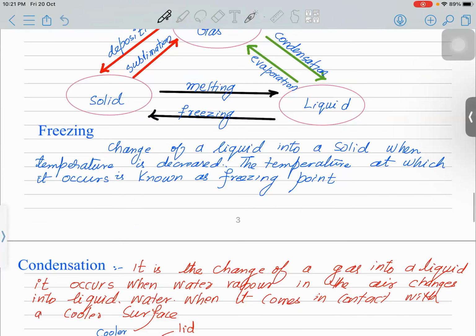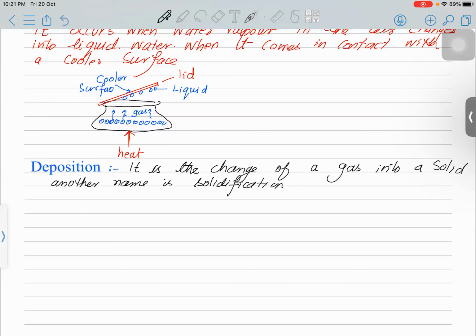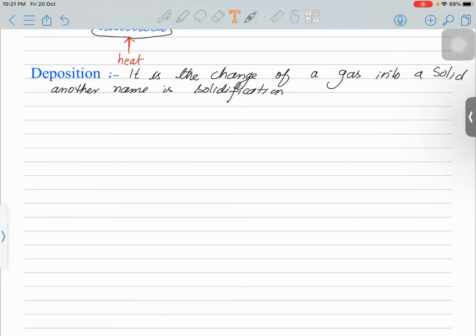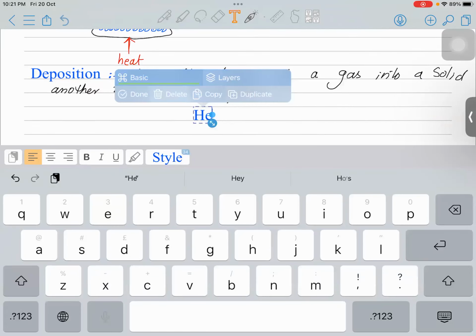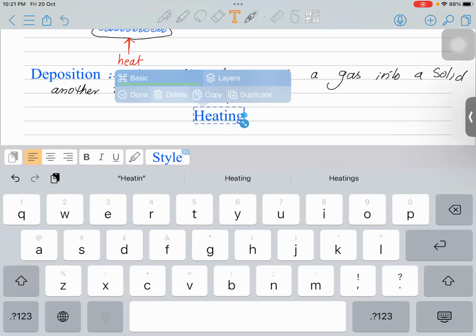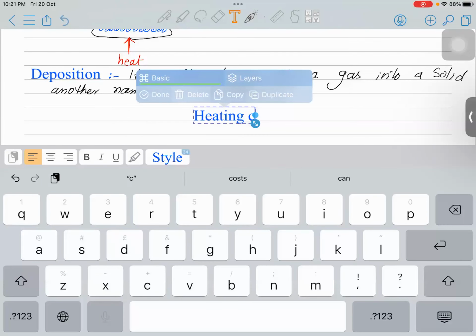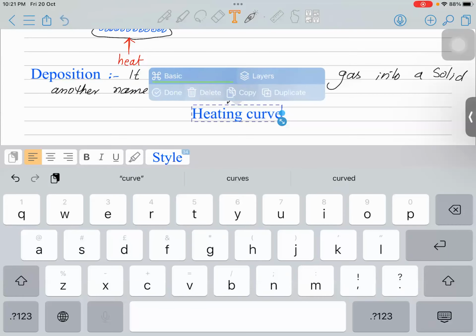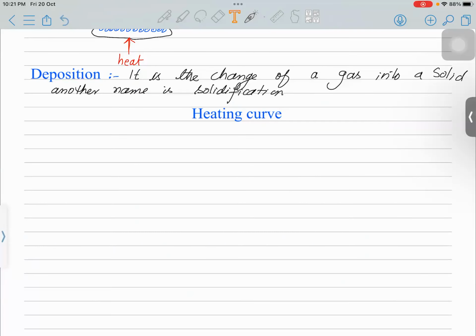Okay. Now next topic is the heating curve.